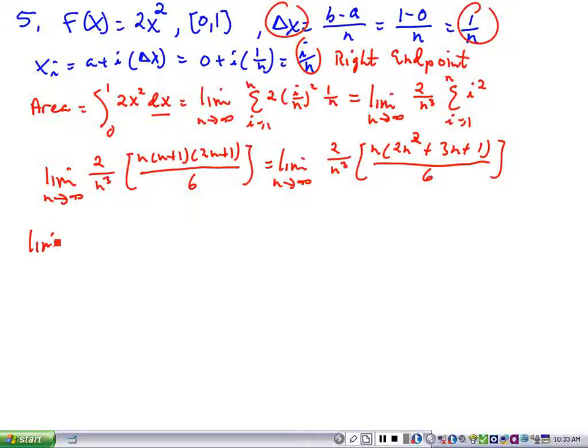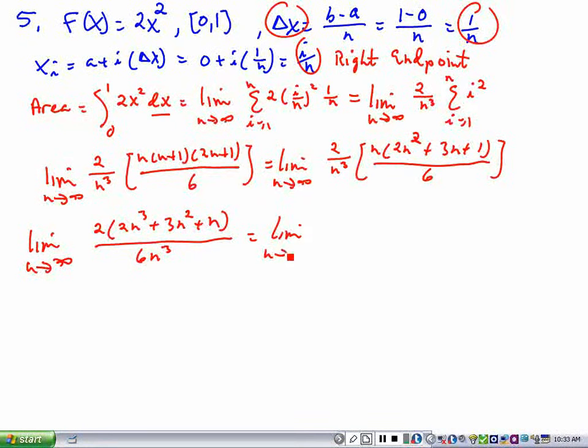And this is the limit as n goes to infinity of 2 times 2n cubed plus 3n squared plus n, all over 6n cubed.